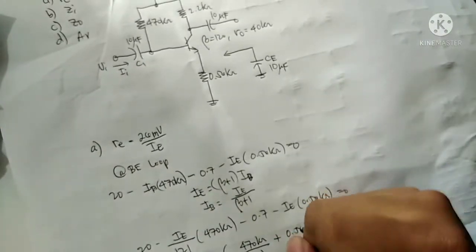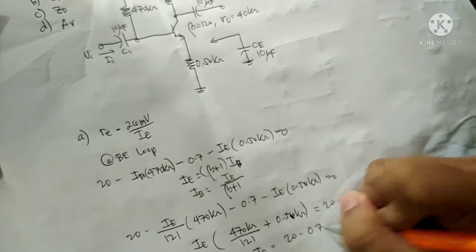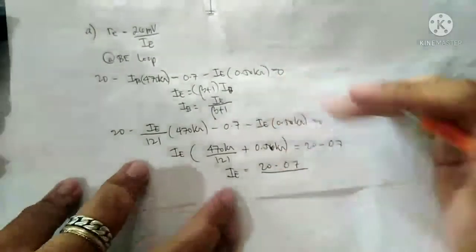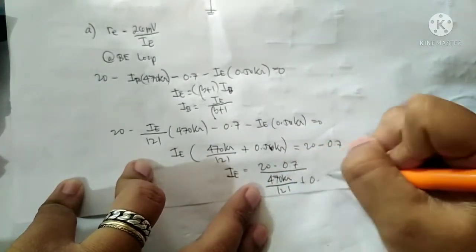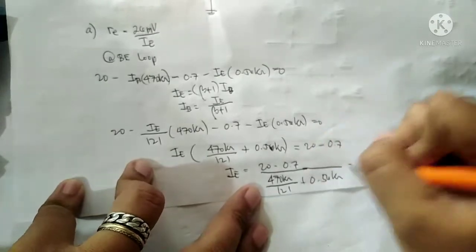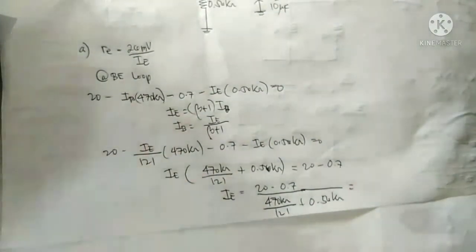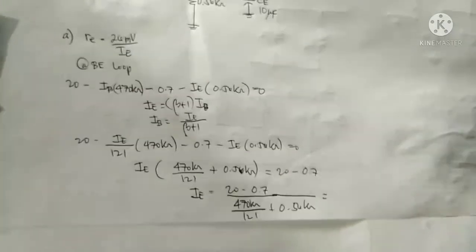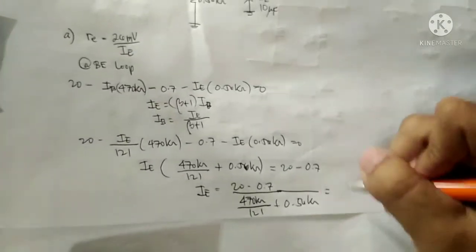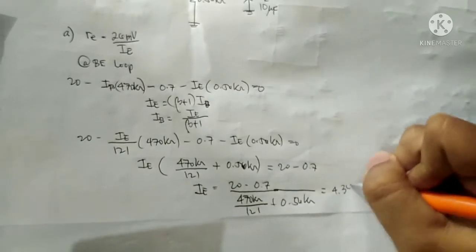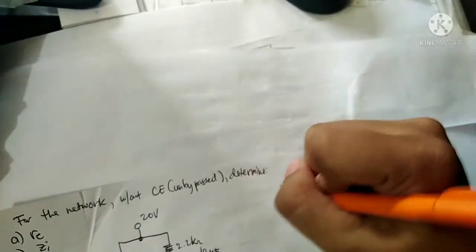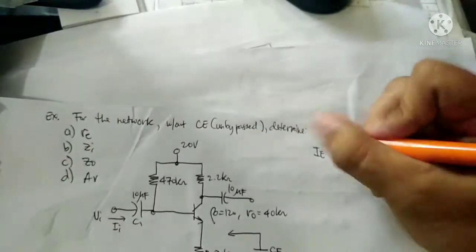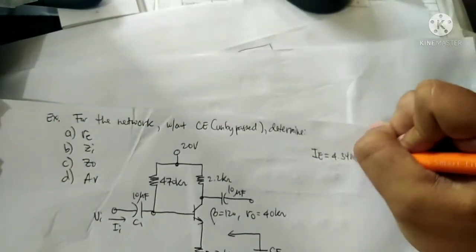So solving for I sub E, this is 20 minus 0.7 divided by 470k divided by 121 plus 0.56 kilo ohms. So use your calculator. Therefore the answer is 4.34 milliamps. So I sub E is equal to 4.34 milliamps.